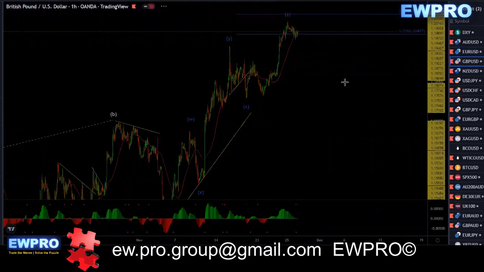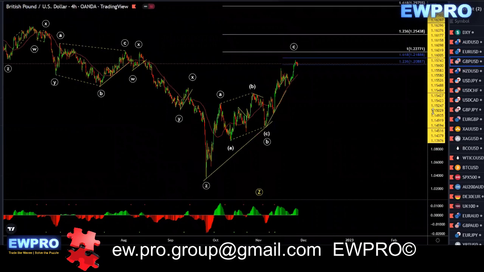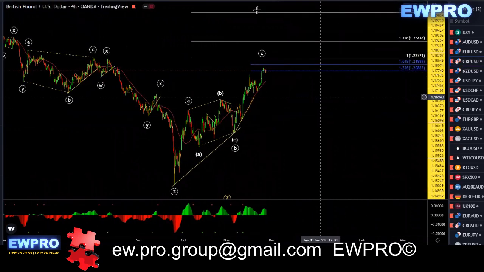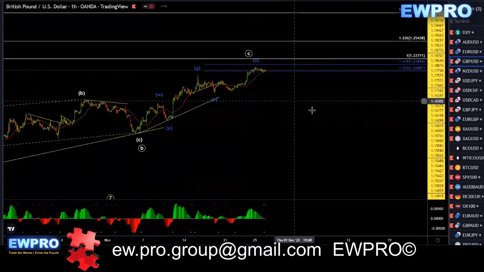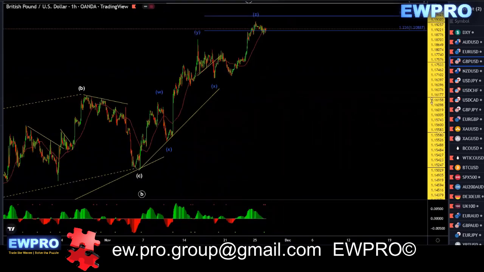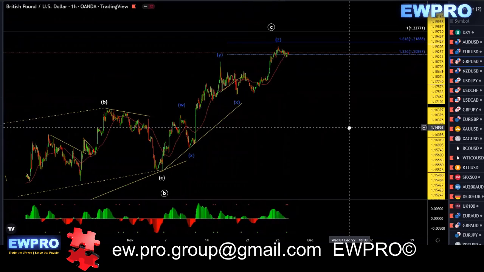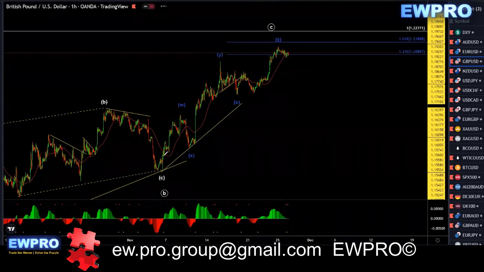GU on the H4. We're looking at that A, B, C. It hadn't quite got up to that 100 fib yet. We do have all that bearish divergence. On the H1, this one's actually played out and we have got that Z up. We got that WXY, X2, and we're getting this Z up.